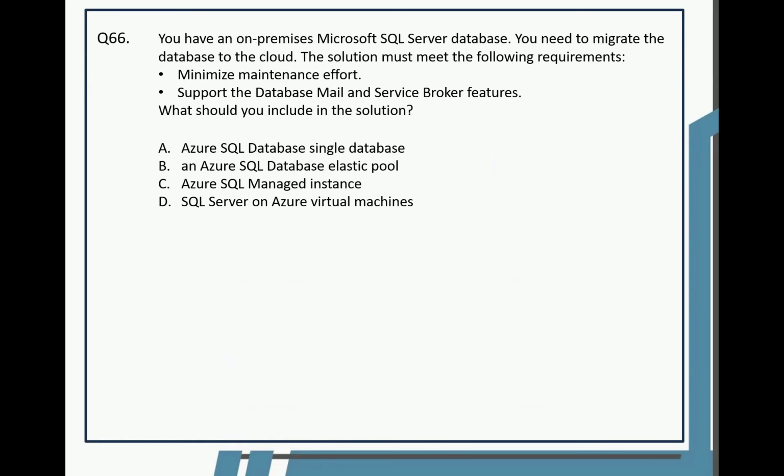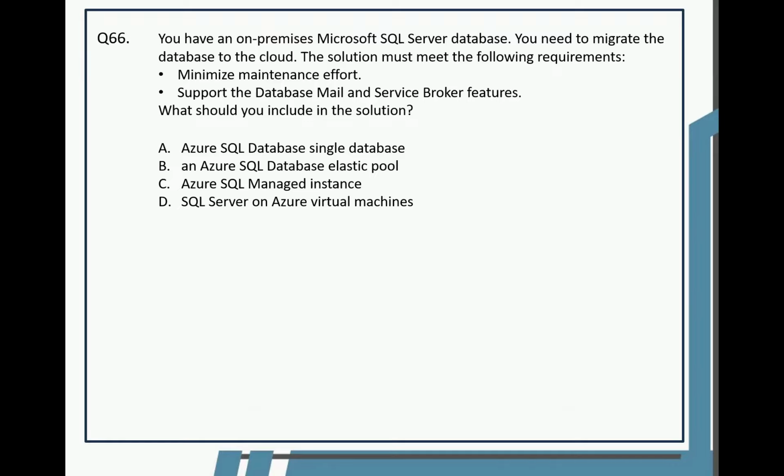In this question, we are looking to migrate an on-premise SQL Server database to Azure with minimal maintenance effort while providing support for database mail and service broker. Now you need to tell what you should include in the solution to meet the given requirement. Your options are Azure SQL Database Single Database, Azure SQL Database Elastic Pool, Azure SQL Managed Instance, SQL Server on Azure virtual machines.